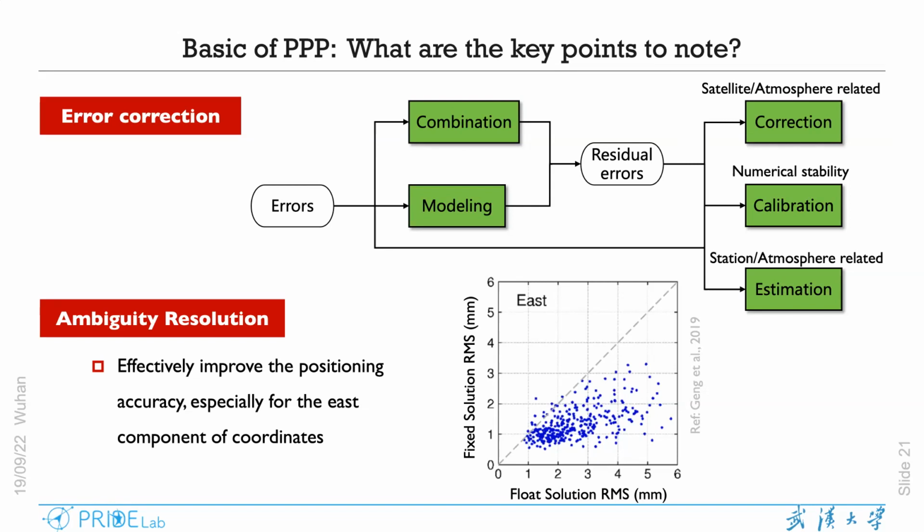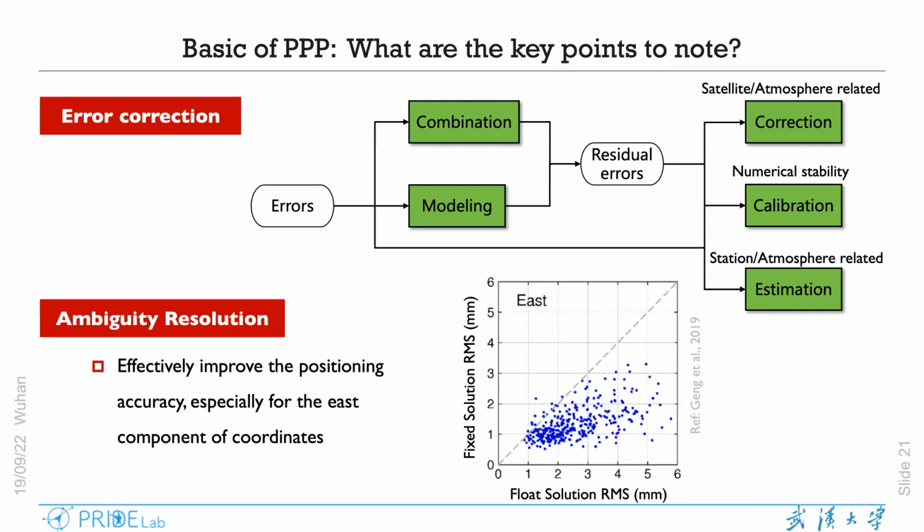Why do we have difficulty with ambiguity resolution in PPP? In relative positioning, because we have two stations and multiple satellites, using the correlation between the errors at the base station and the rover station, we can use the differencing technique to remove errors such as orbit errors, clock errors, and atmosphere errors.